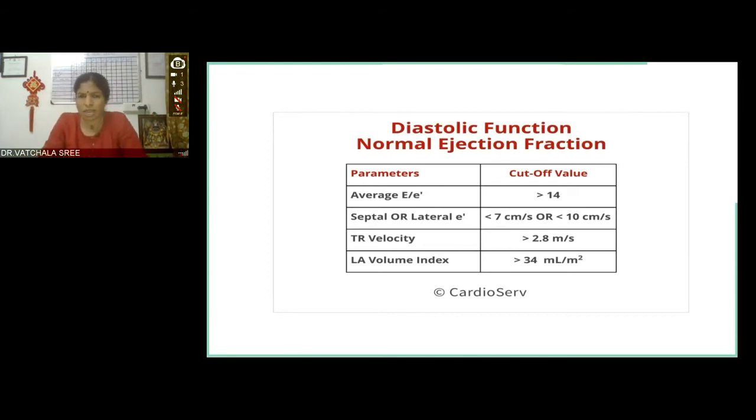Now, as I mentioned earlier, the 4 parameters that have been taken into consideration start with the average E by E dash. What do we mean by the average E by E dash? There is a capital E and there is a small e dash. The capital E denotes the mitral inflow assessed by the pulsed wave Doppler.